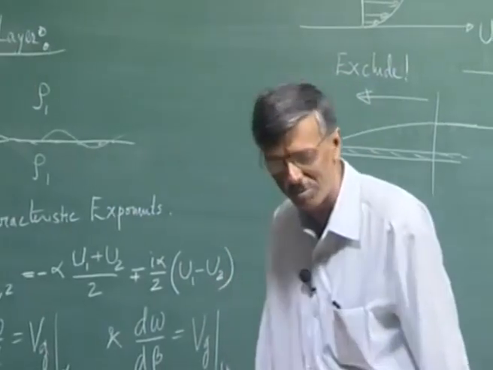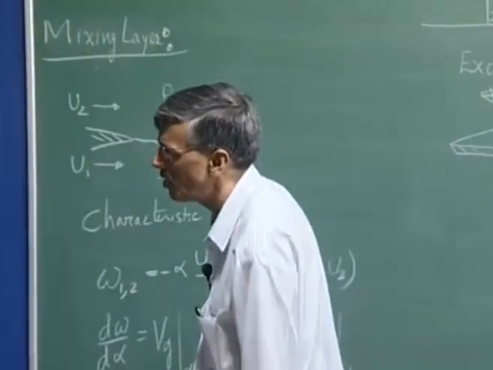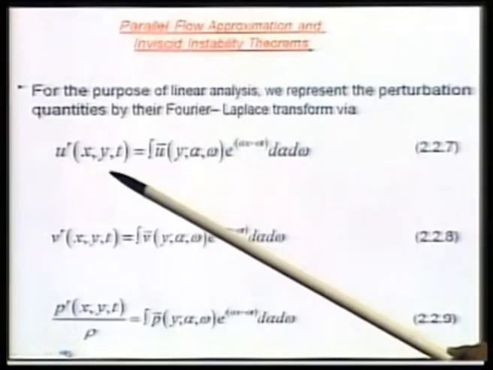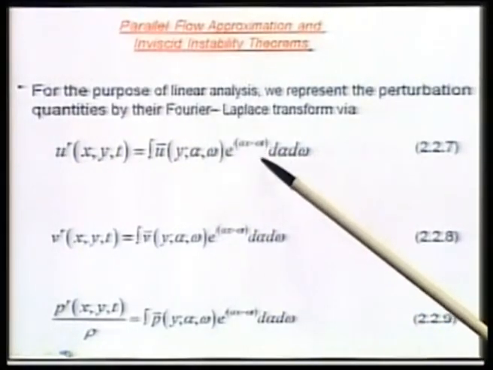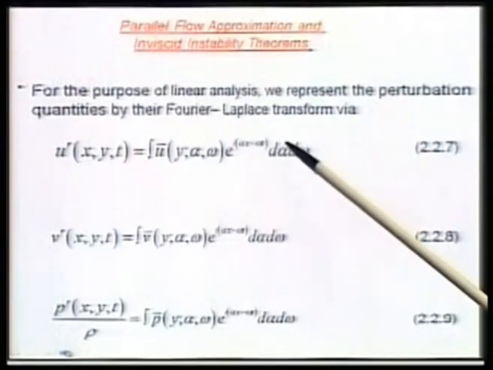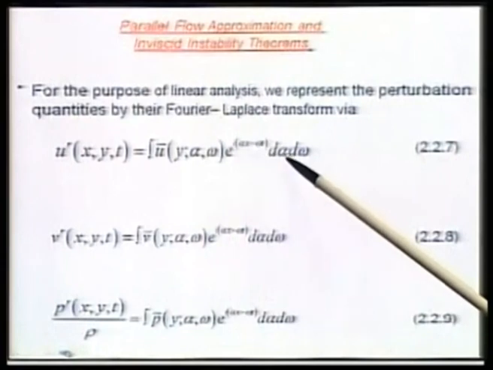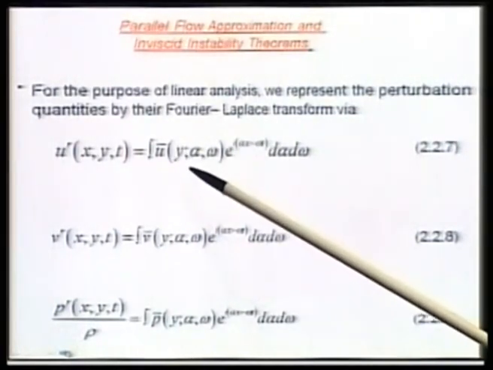We will see that most of the time it will not be feasible. On the left hand side, the dependent variables are functions of x, y and t. In the Fourier integral we have used x and t, so this amplitude must be a function of y, that is the only way it can be.